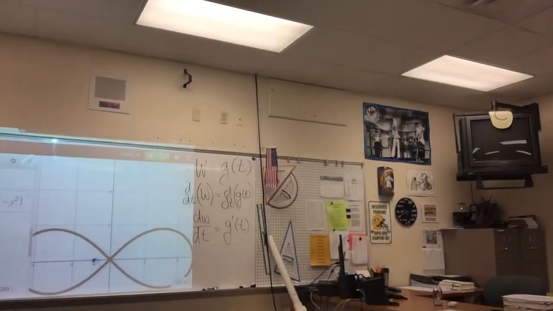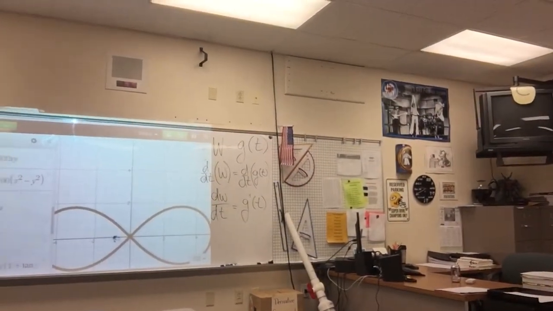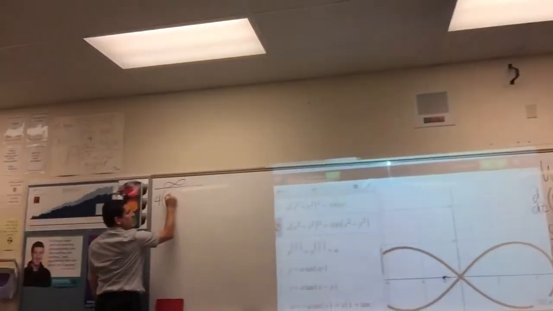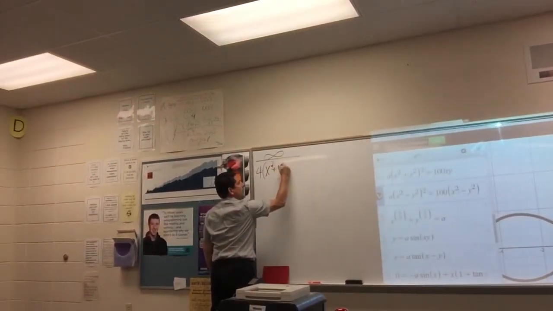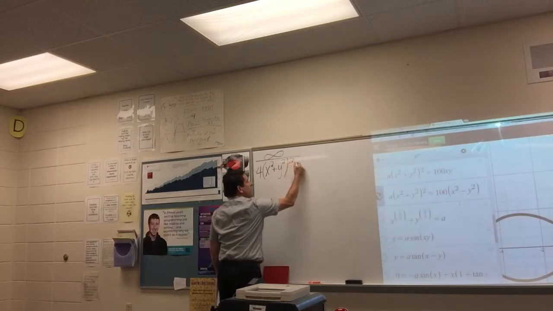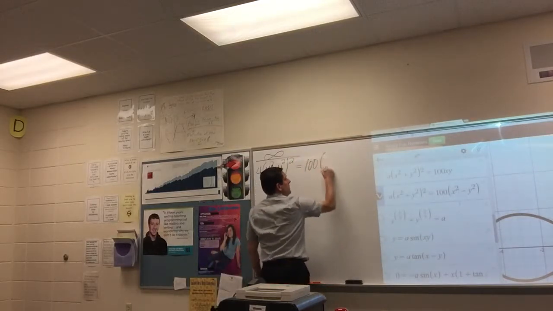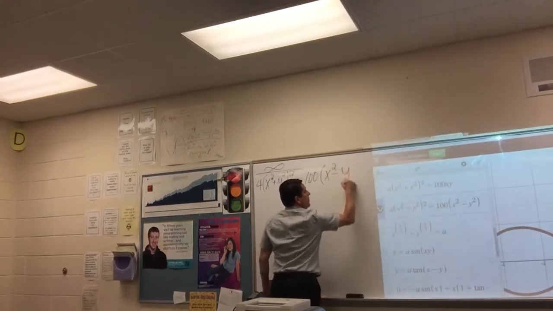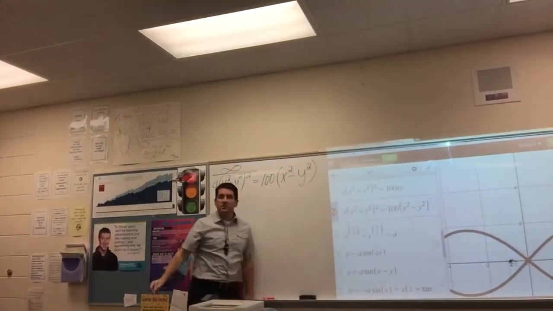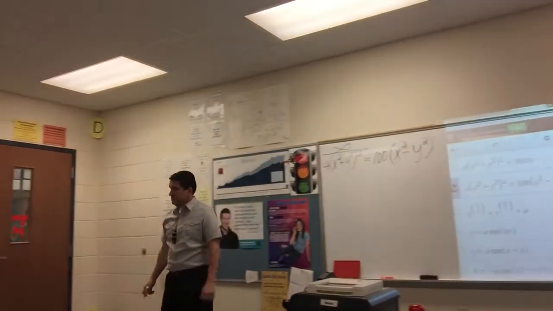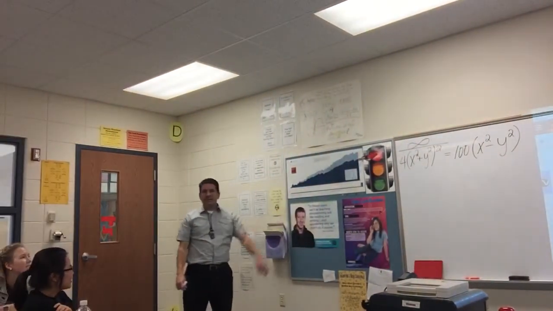So infinity: 4 times (x squared plus y squared) squared is equal to 100 times (x squared minus y squared). Ah, this is easy.